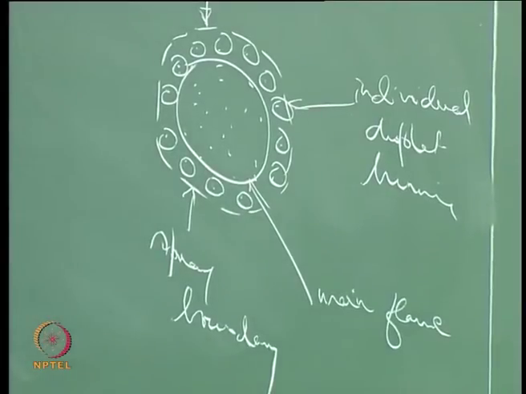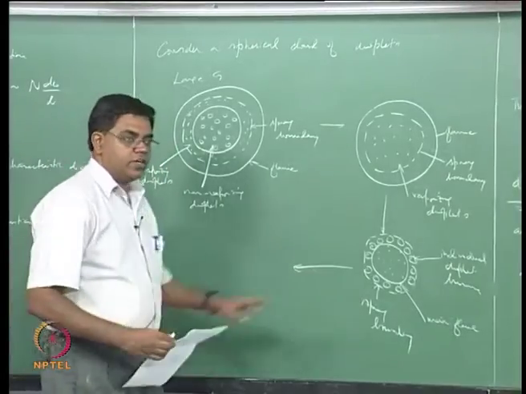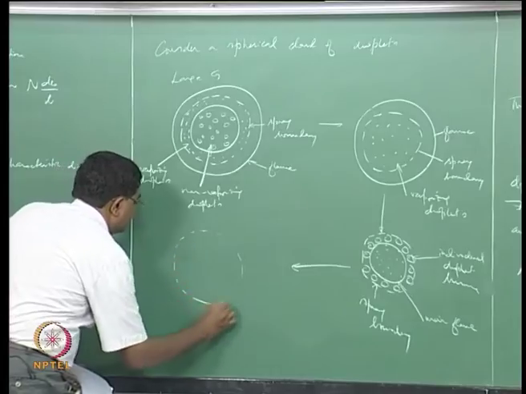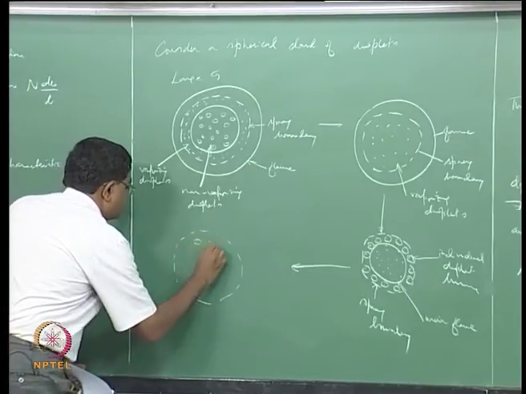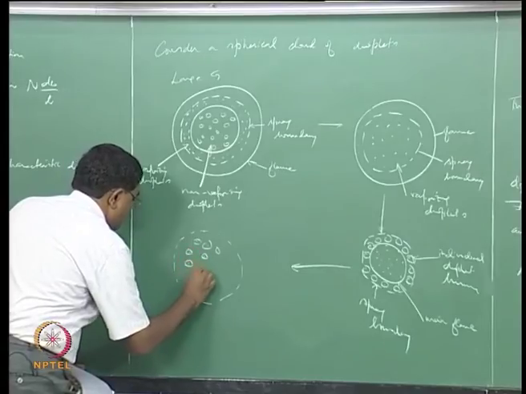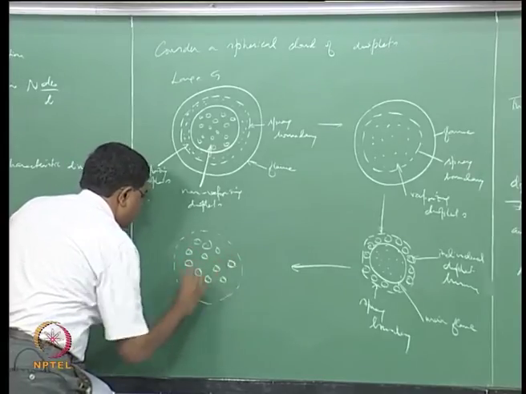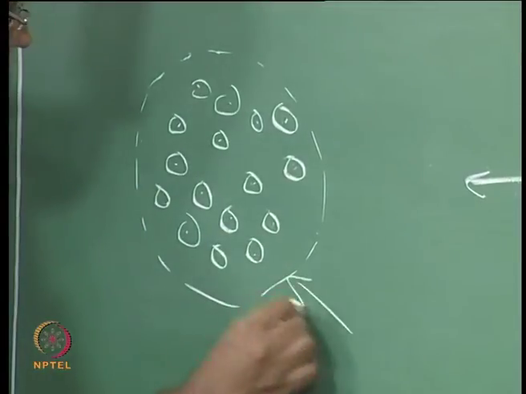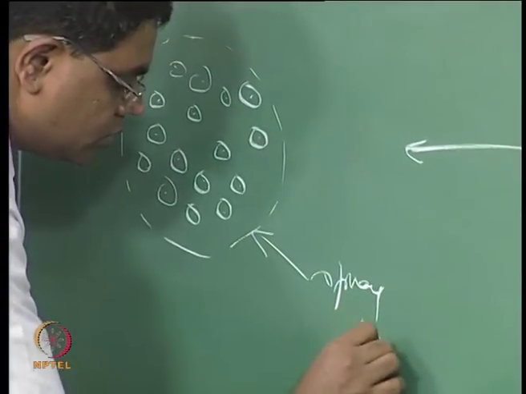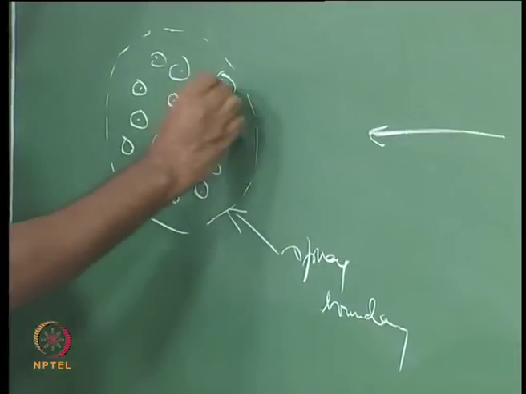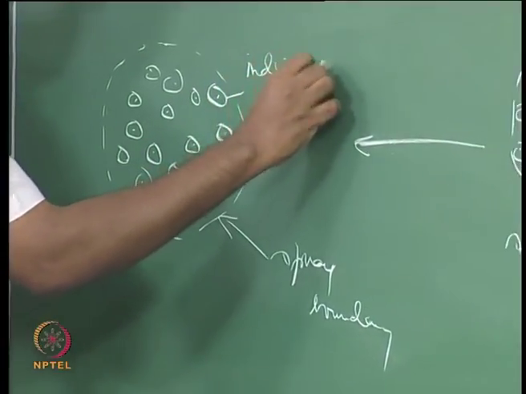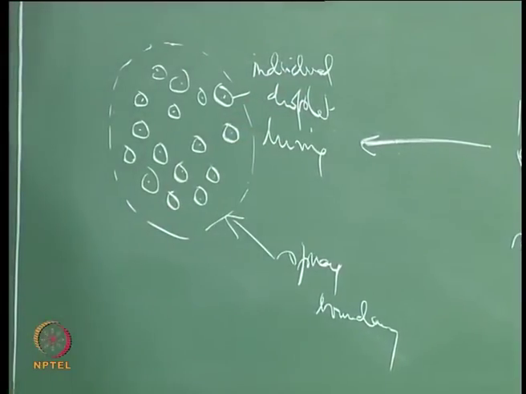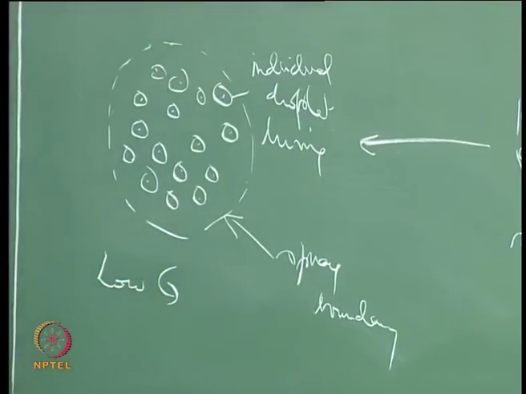And finally the flame now eats into each and every droplet there, okay. So that means you now have a spray boundary in which all droplets are burning individually, and so on, right. So this is a limit of low G, and this is individual burning, and this is now low G, right.